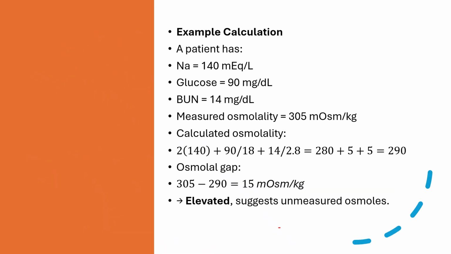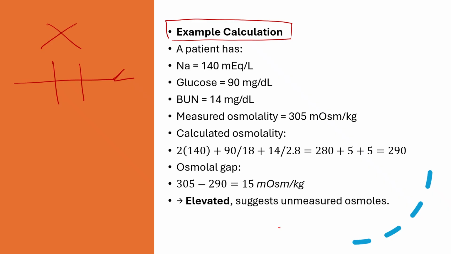Now how do you calculate the osmolar gap? Let's look at this example. Let's say you have a patient who comes to the ER and you did the basic blood work, CBC and BMP. Your sodium is 140, glucose is 90, BUN is 14.